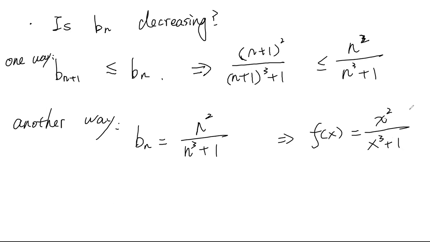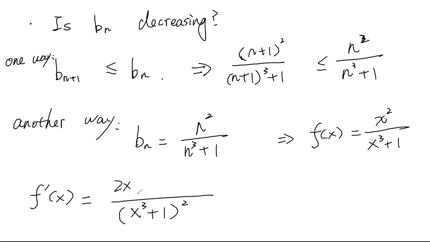And then you just need to show this function is decreasing. So you take the derivative of it: f prime of x is equal to, over (x cubed plus 1) squared, 2x multiplied by x cubed plus 1 minus x squared times 3x squared.